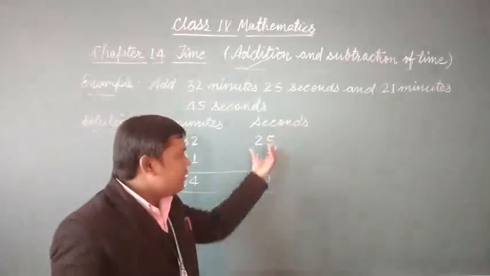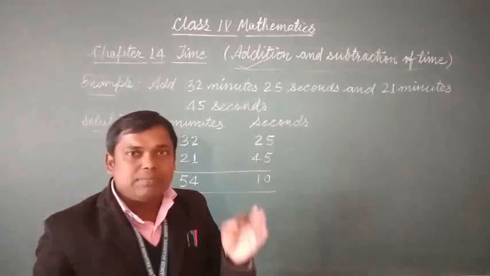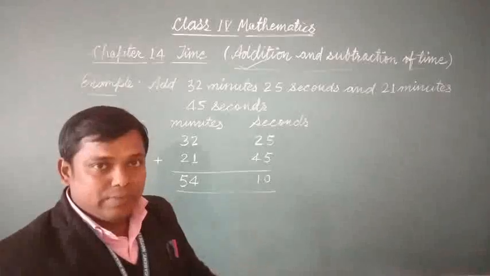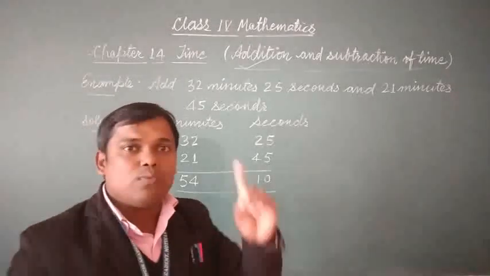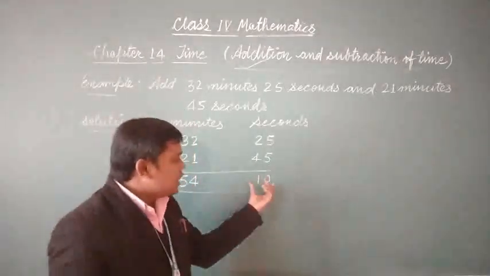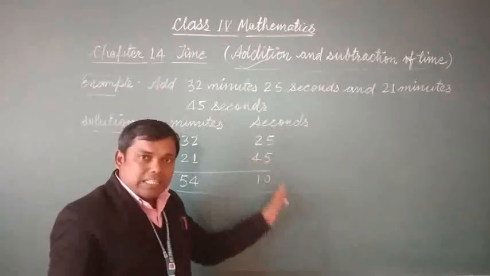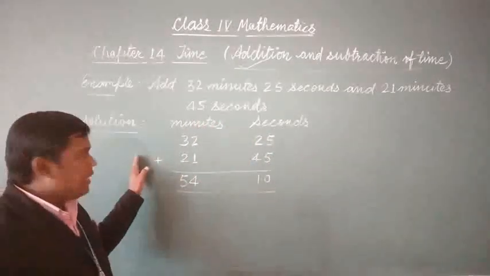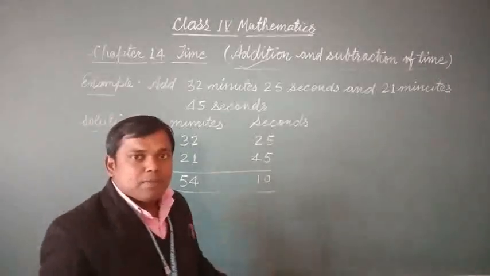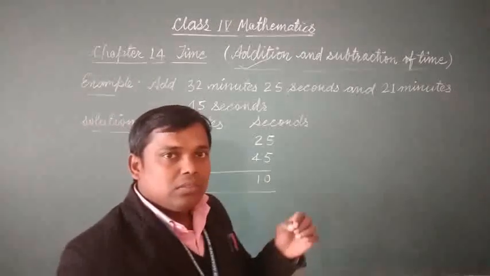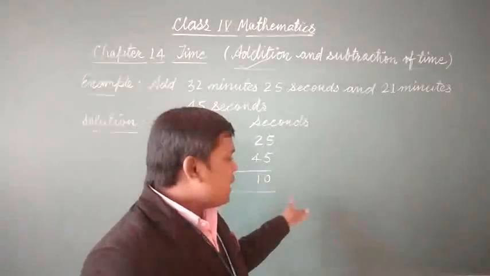As here our sum is 70 seconds, and you know in 70 seconds we have 1 minute 10 seconds. So 10 seconds will be only here, and then 1 minute will shift to the minute side. So our result will be 54 minutes and 10 seconds.